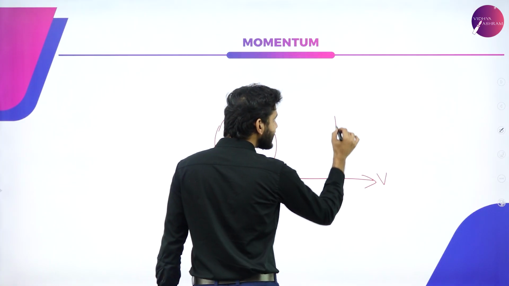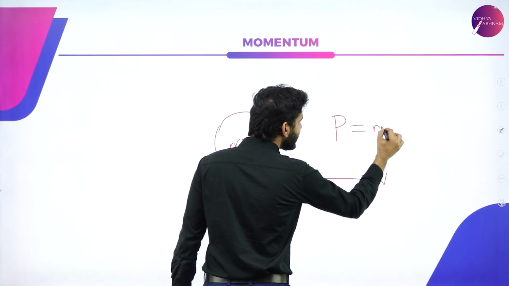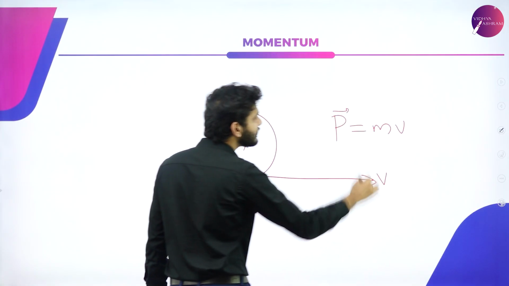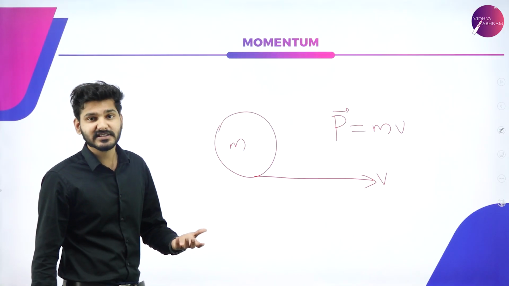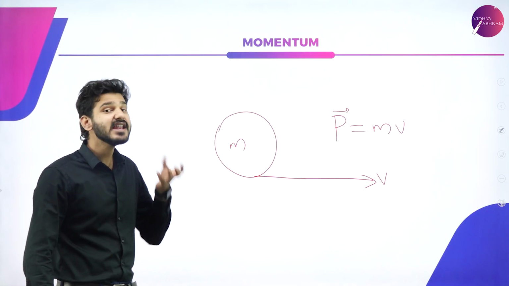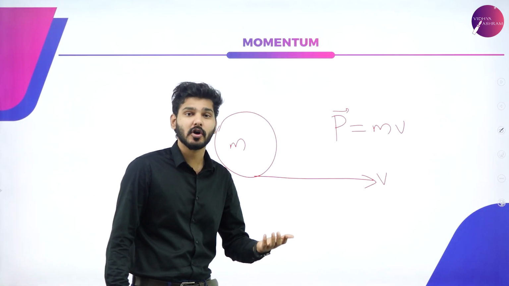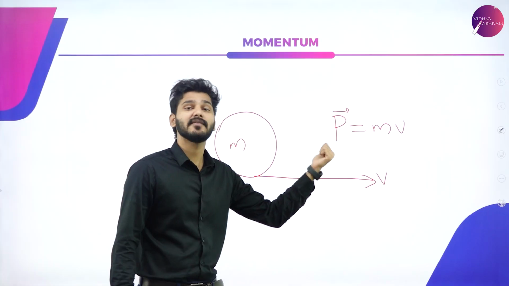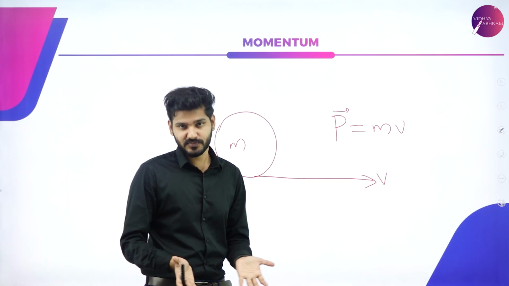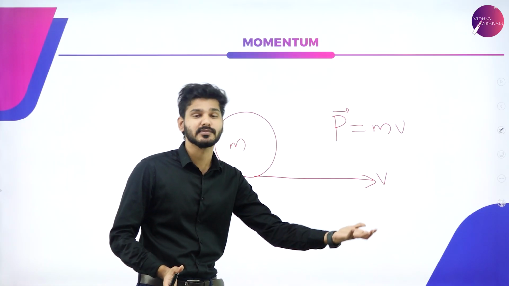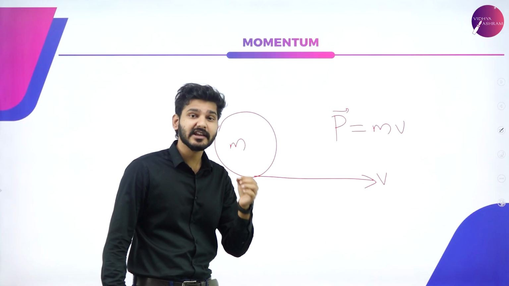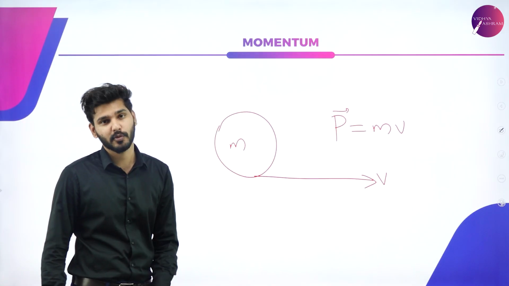Remember, simply, any moving object that has a particular mass will have momentum. And the two factors it depends upon are mass and velocity: how large the object is and how fast the object is moving. Those two are the determining factors that influence momentum.